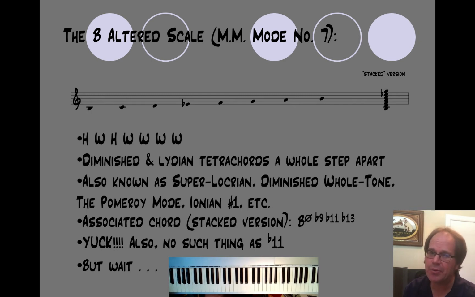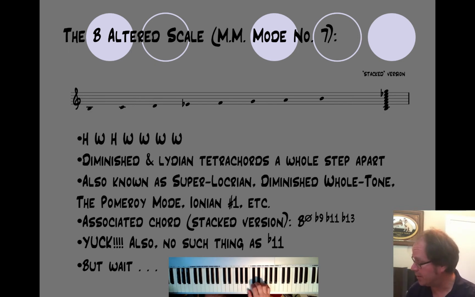Curious thing to call it in the numbering system is Ionian sharp 1. Don't let this confuse you too much, but here's a quick demo. There's that altered scale, right? If I flat that B and play a B flat, play all the same notes, I get a B flat major scale.